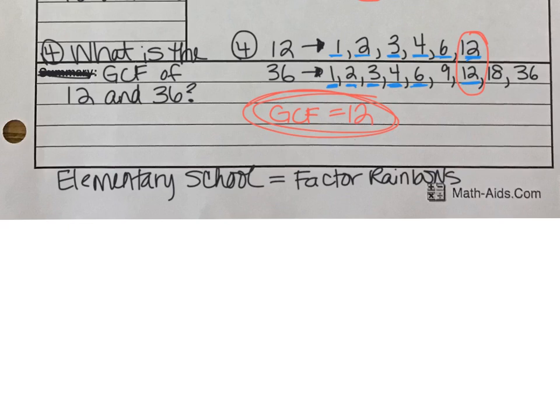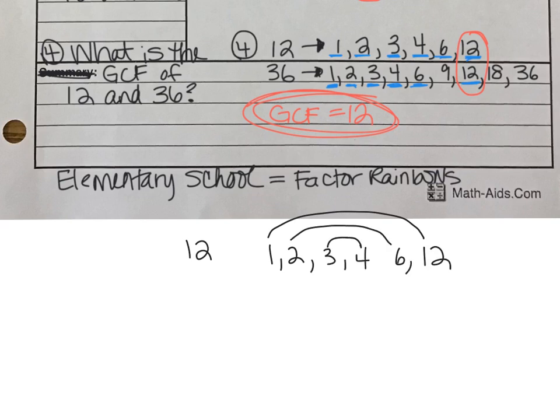In elementary school, you may have seen these as factor rainbows. So I'm just going to show you what it may have looked like when you were in elementary school. As we pair these numbers up, starting with 12, you're looking for all the ways to make 12. So the 1 and the 12 go together, the 2 and the 6 go together, and then the 3 and the 4 go together.